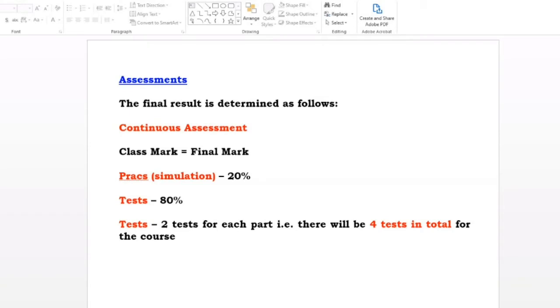That is the ESCOM average. So I need to know the amount that you pay every month as your electricity bill. How much is the electricity bill that you pay to ESCOM every month?